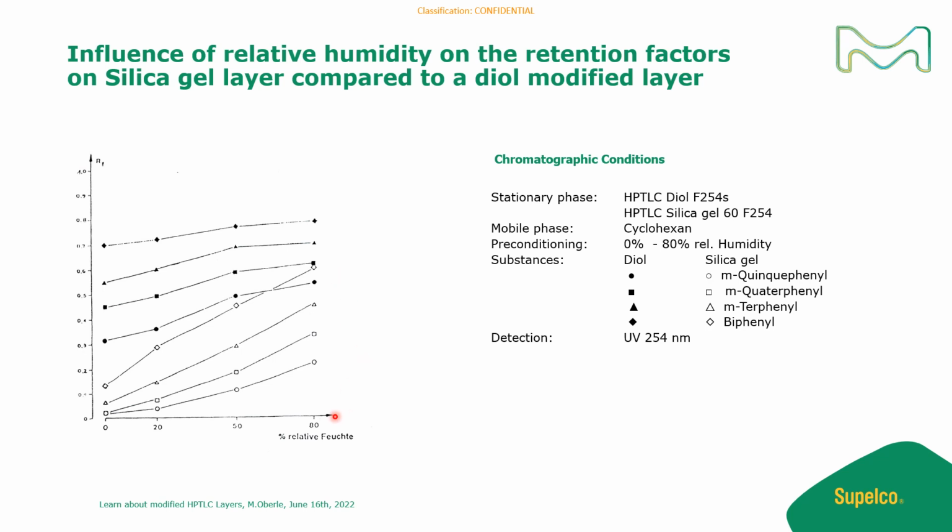In the lower part, the change of the RF values of the same four substances and the same humidity steps on a normal phase silica layer. The result shows clearly that there is less influence of the relative humidity during the chromatography on the RF values on the diol modified layer than on the unmodified silica layer.